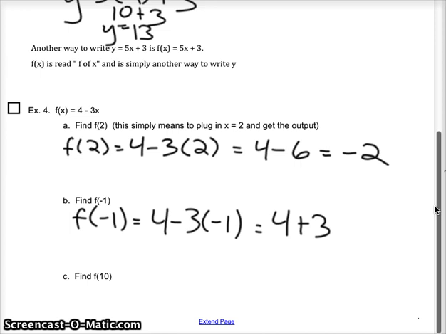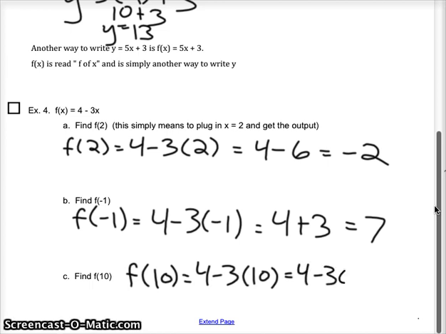Don't forget your double negatives. All right, 4 plus 3 gives me 7. F of 10. Again, same thing, just plugging in 10 where I see x. So 4 minus 30, or that gives me negative 26.